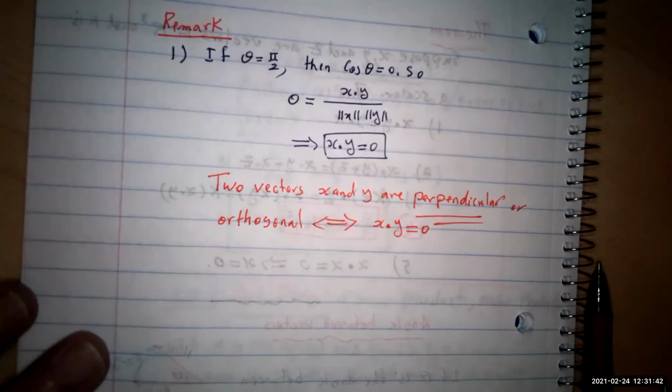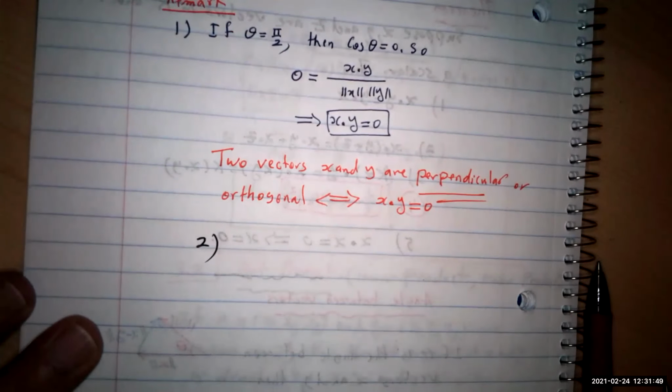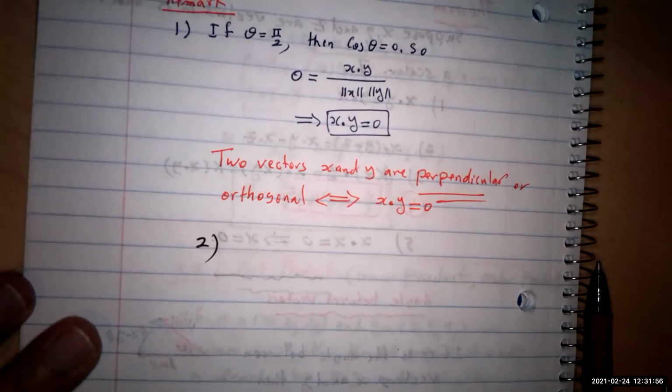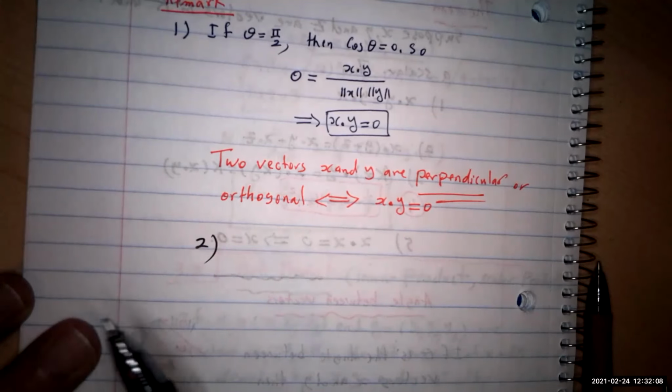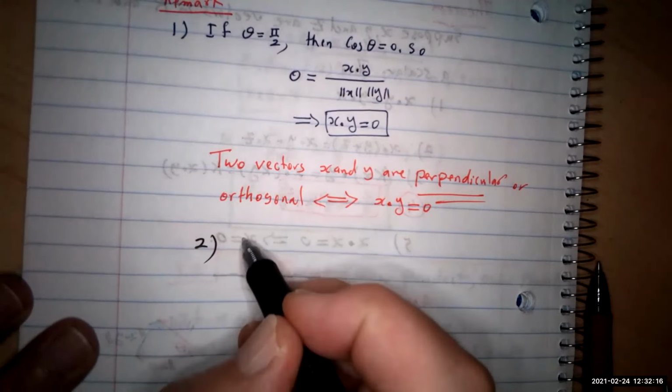The other one, again for your interest, is if the theta is equal to pi, the cosine would be pi or 0. If it's pi, these two vectors are going to be the same, or they are called parallel.